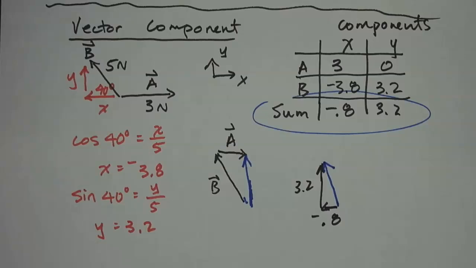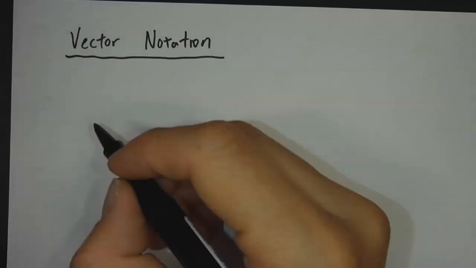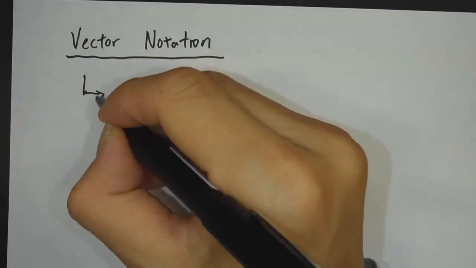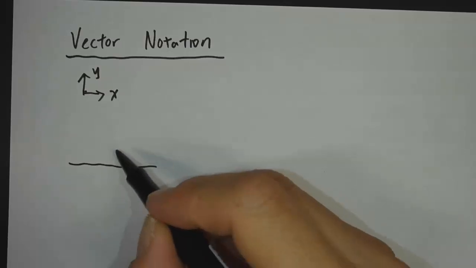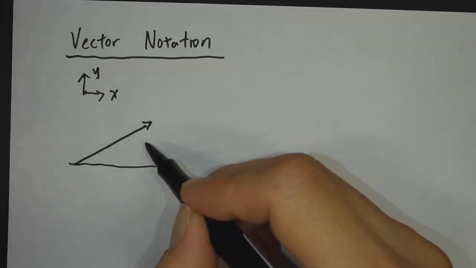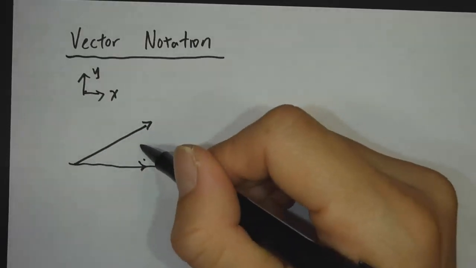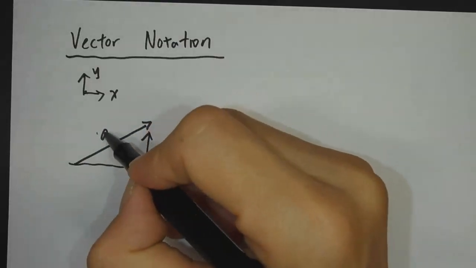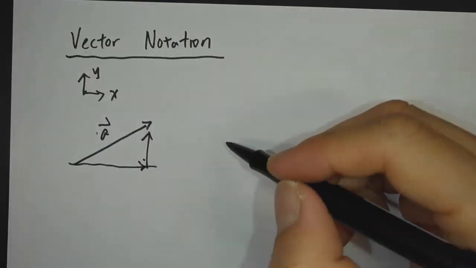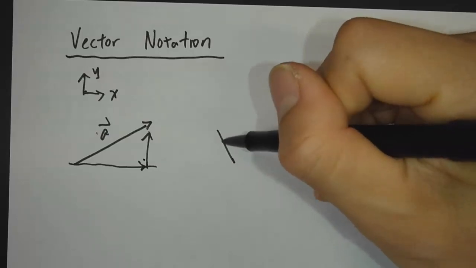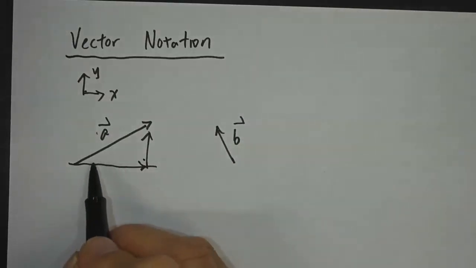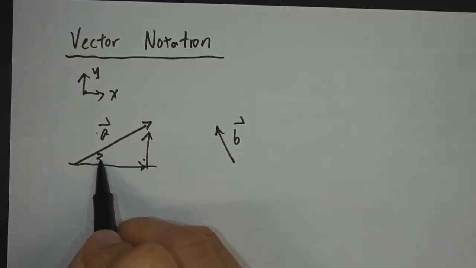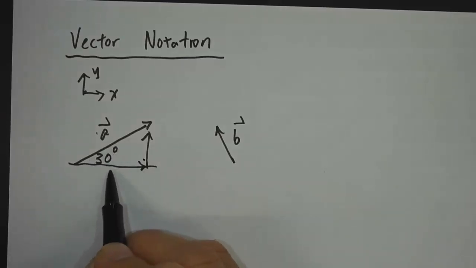Now we're going to take a look at one more method called the vector notation. In the vector notation, I'm going to first indicate my positive direction. And I have these two vectors, vector A and vector B. I'm going to give you what the components are.